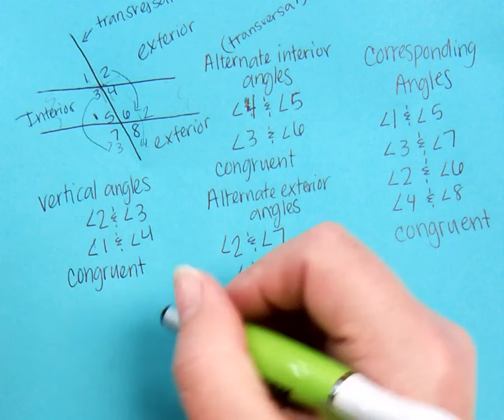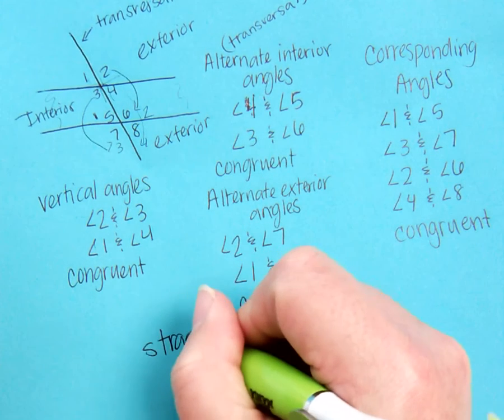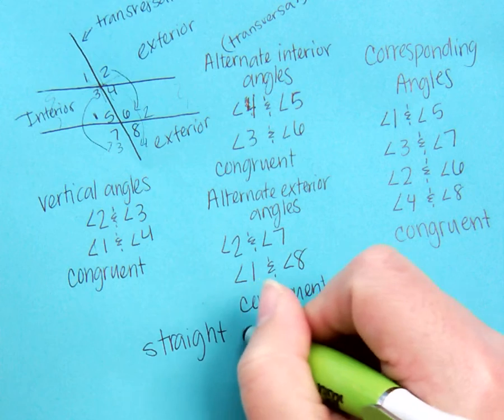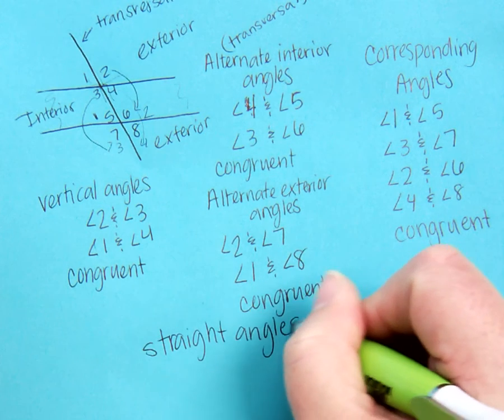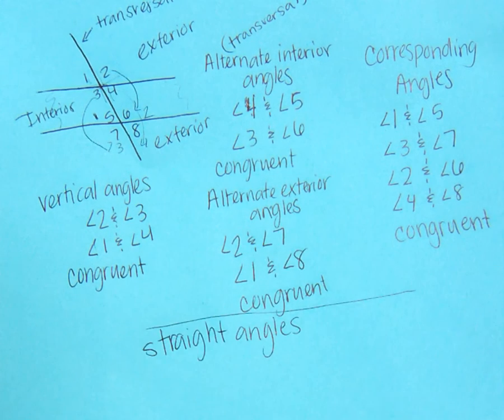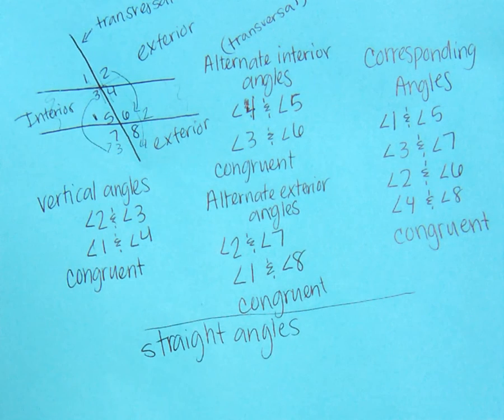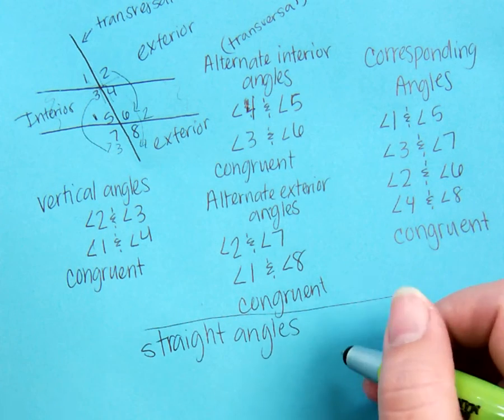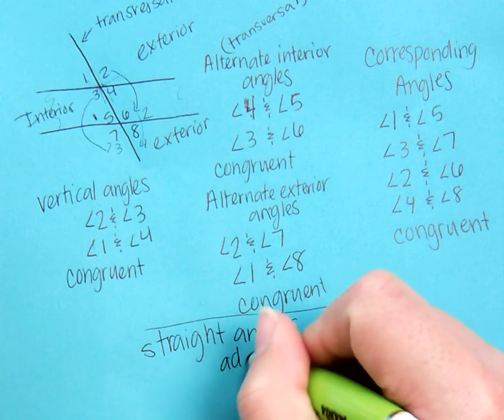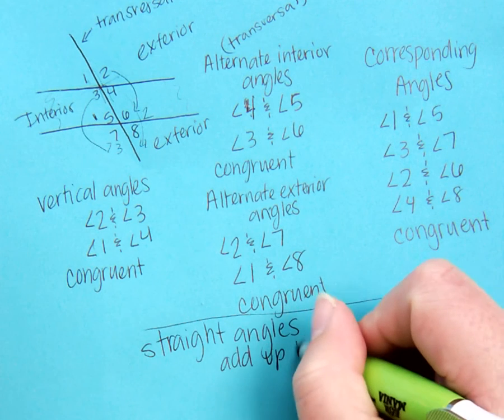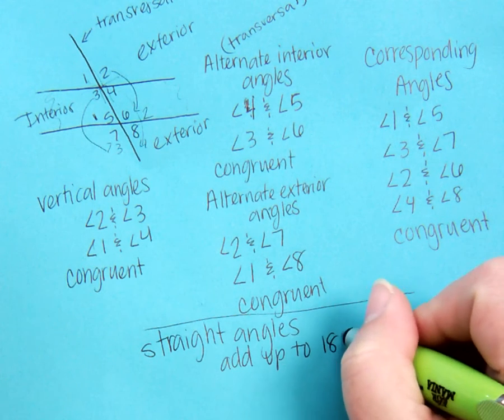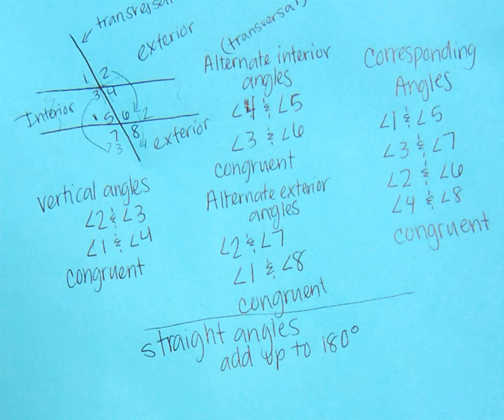The last thing we talked about were straight angles. Straight angles are two angles that make a straight line. And these are going to be supplementary, so they add up to 180 degrees, because all straight lines are 180 degrees.